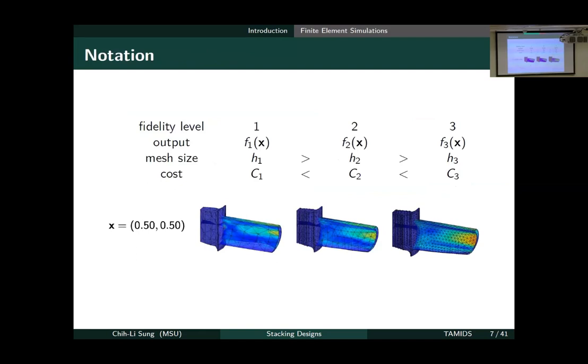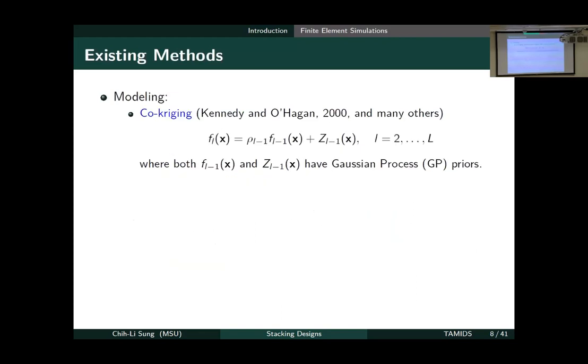So in reality, what we are interested in is how the solution looks when the mesh size goes to 0. Although this is not feasible, because you cannot make your mesh size really equal to 0 and run a simulation, that should be what we are interested in. So in this study, we are also trying to emulate this true solution when the mesh size goes to 0.